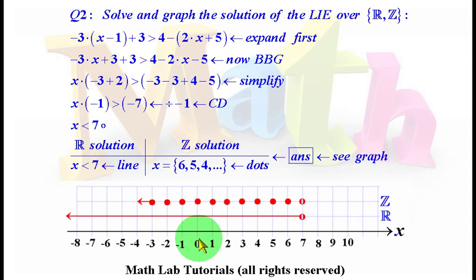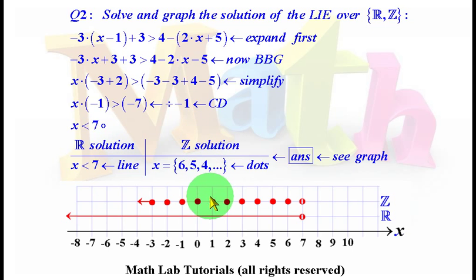We have a hole on top of the 7 because the 7 has been excluded. And we draw a line pointing to the left, and the arrow means that all negative numbers are included in the solution set. And now let's solve the same inequality over the set of integers.